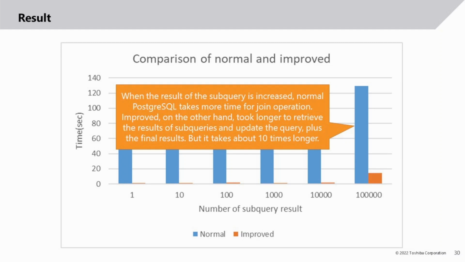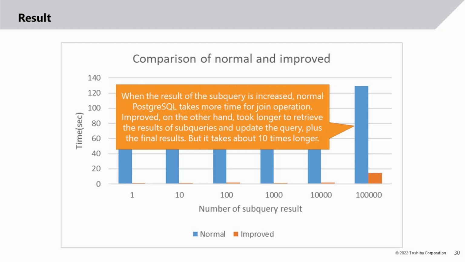This slide describes the result of the 100,000 case. Normal Postgres took more time, about 2 minutes. The join operation took a lot of time in the 100,000 case.